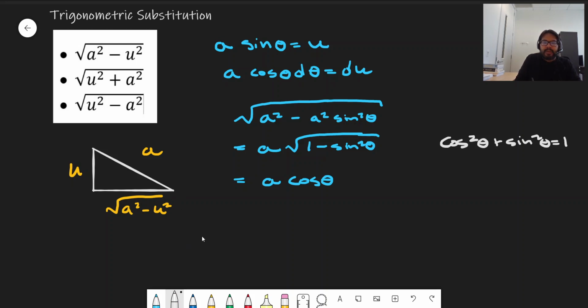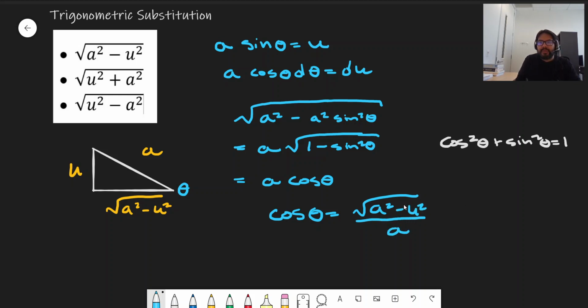Why? Because the value of theta is right here. So by using the adjacent and the hypotenuse, you would say that cosine of theta is equal to the square root of a squared minus u squared, all divided by a. Of course, you're just multiplying by a on both sides.